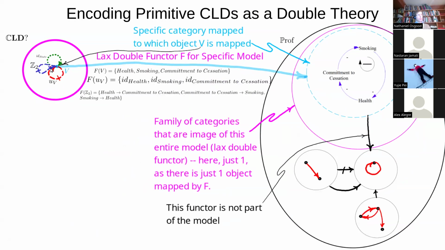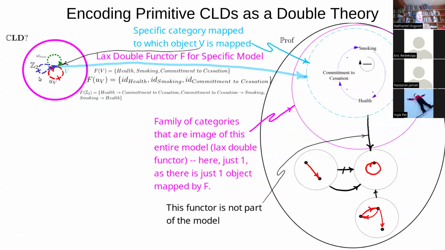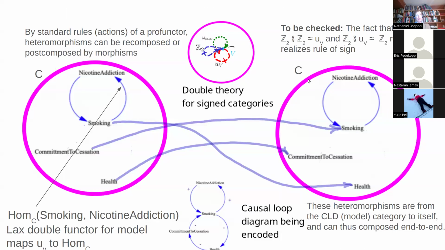But the non-identity pro arrows in this double category, this one Z sub 2, turn into what are called heteromorphisms or bridges. In this case, going from the category associated with V back to that category associated with V. And those encode information that's composable with these other morphisms, because we can have pre-composition and post-composition.